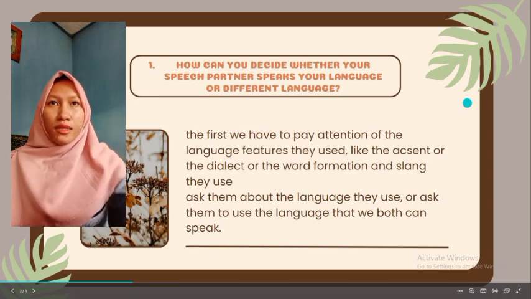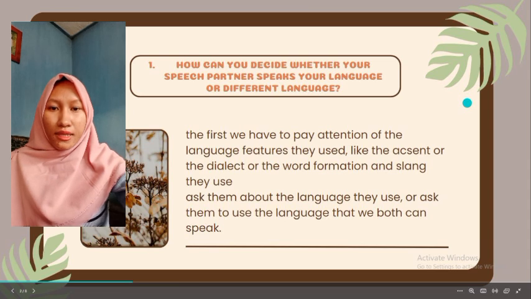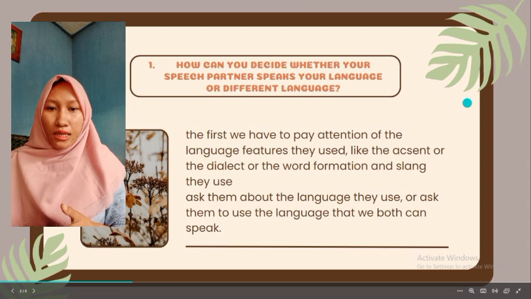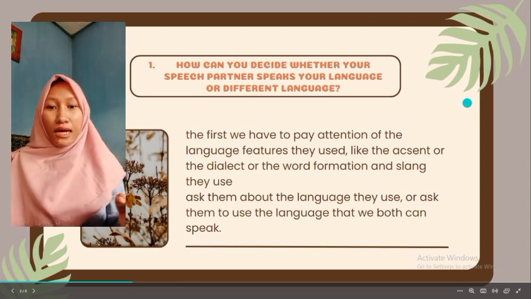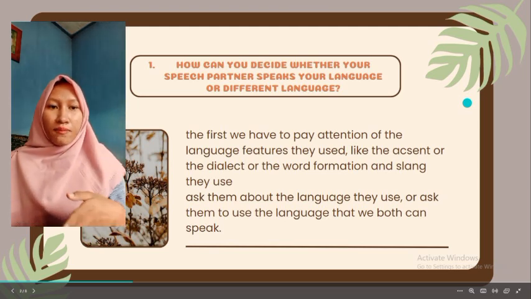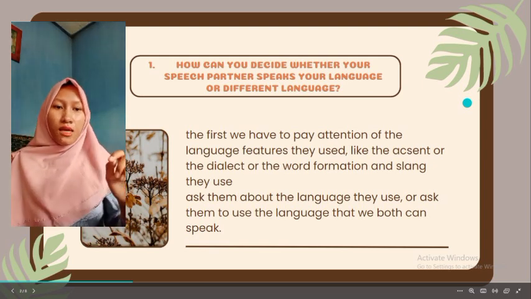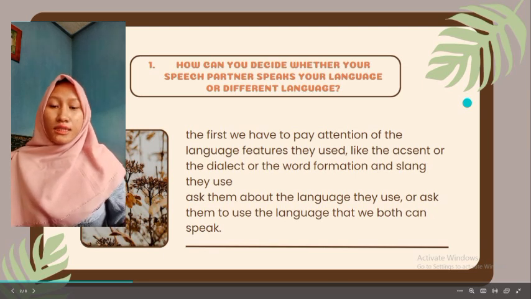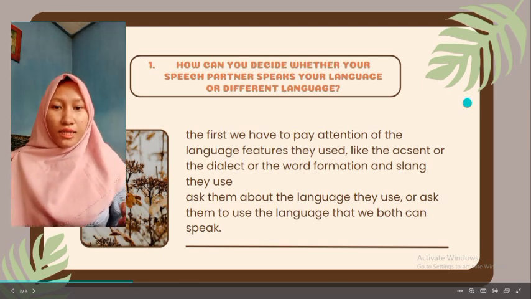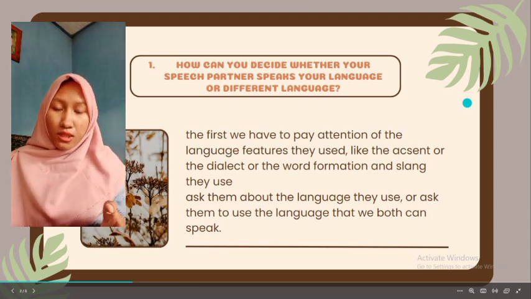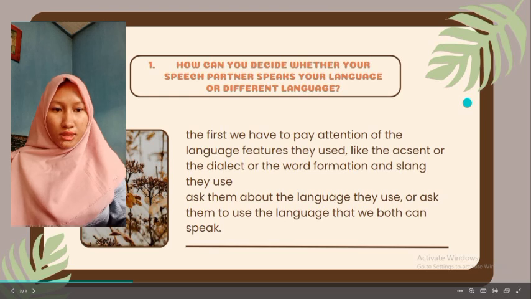After that we have to pay attention to them and talk to them, or maybe just notice whether they are using a certain pronunciation or dialect, or using slang that can show what language they use. Or moreover, we can just ask them politely what language they are using. Is it English, Javanese, or Indonesian?